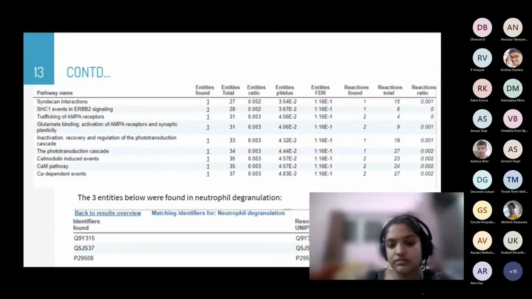Neutrophils are critical inflammatory cells that can cause tissue damage in a range of diseases and disorders.